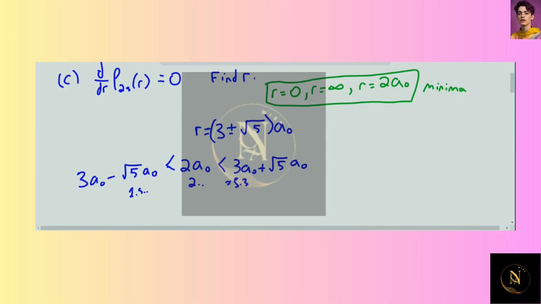So since 0 is a minimum, the next root after it where the slope is 0 has to be a maximum, which means that this one has to be a minimum, which means that one has to be a maximum.